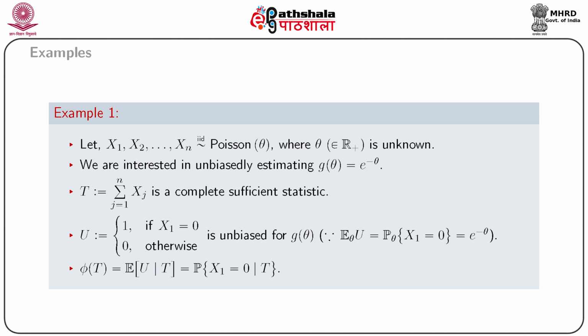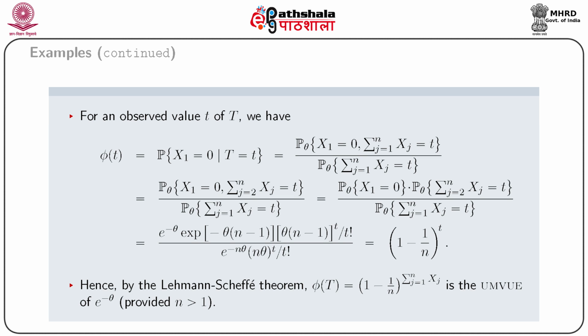We define φ(t) equal to the expectation of U given T equals t, which is equal to the probability X1 equals 0 given T equals t, which is equal to the probability X1 equals 0 and the summation over i from 2 to n of Xi equals t, divided by the probability summation over i from 1 to n of Xi equals t.